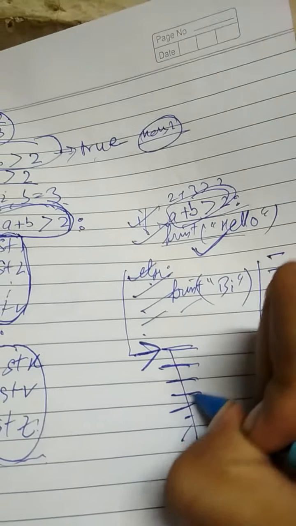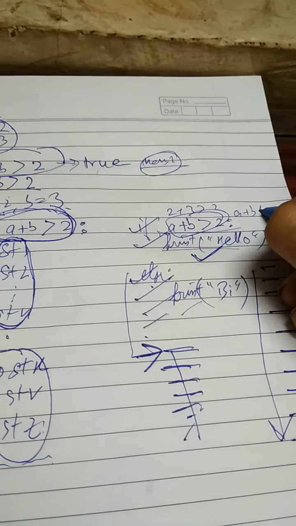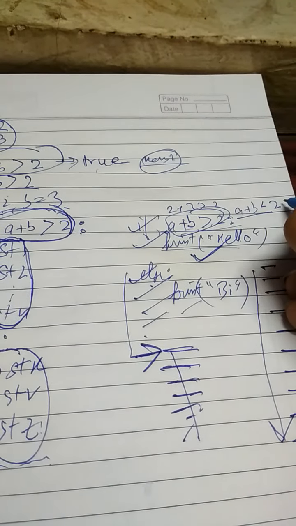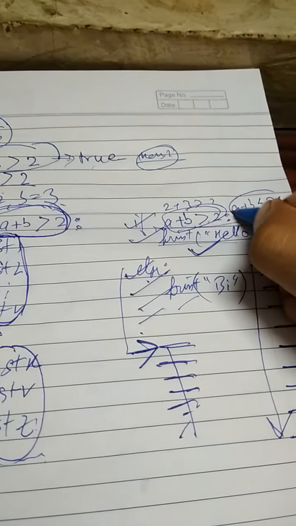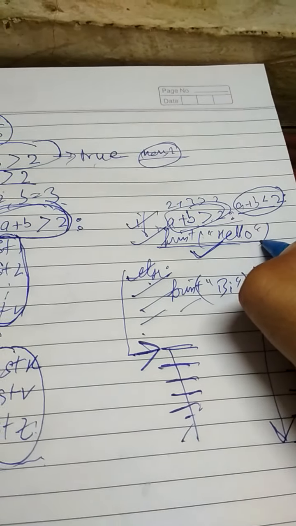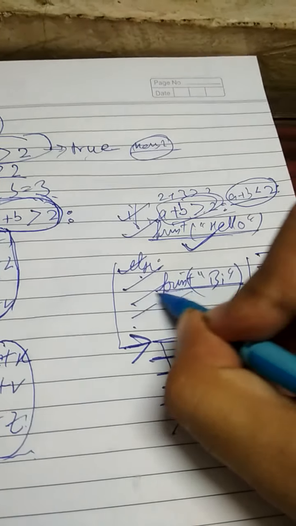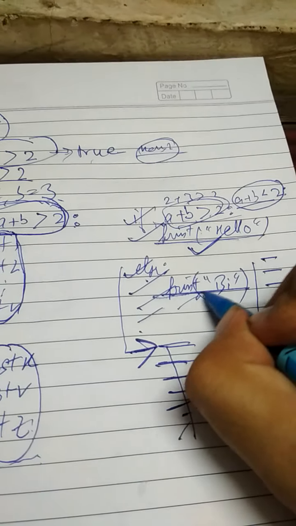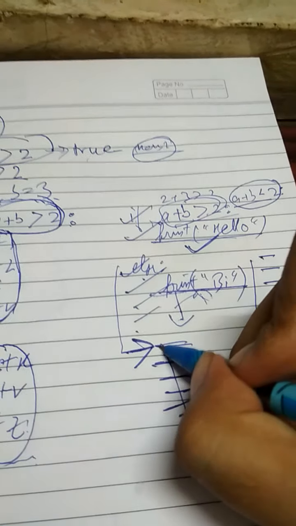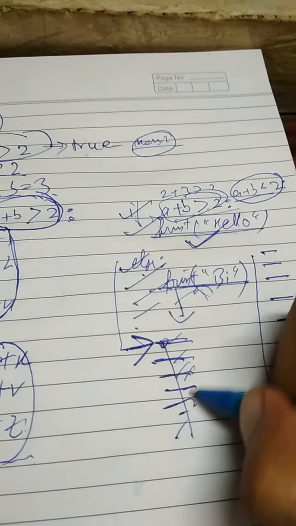If we had a plus b less than 2, instead of a plus b greater than 2, then this turns out to be false. This means we will not execute this statement, but we will execute this statement. It will print bye, and after it has executed all these statements, it will come to the next statement after this if else and start with that statement.